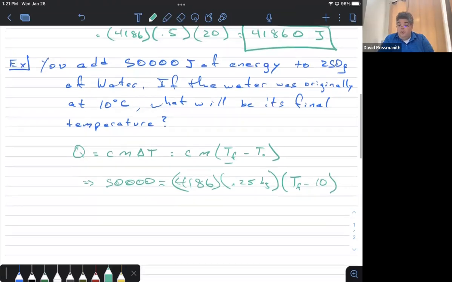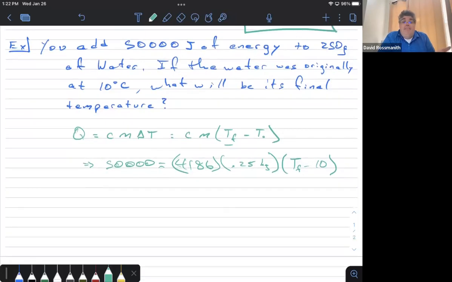Now, you may be changing everything here to Kelvin. If you wanted to use Kelvin temperatures to plug in here, then instead of 10, you'd be writing 283, because Celsius plus 273, well, 10 degrees plus 273 is 283.